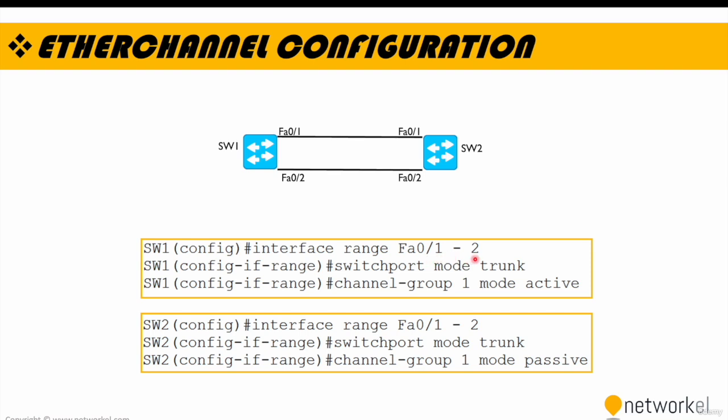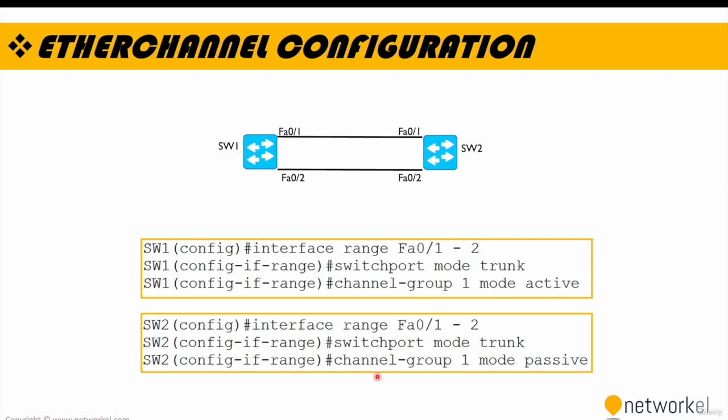That means this configuration will apply to both Fast Ethernet 0/1 and Fast Ethernet 0/2. I apply my trunk configuration, switchport mode trunk. And lastly, I define my channel mode: channel-group 1 mode active.